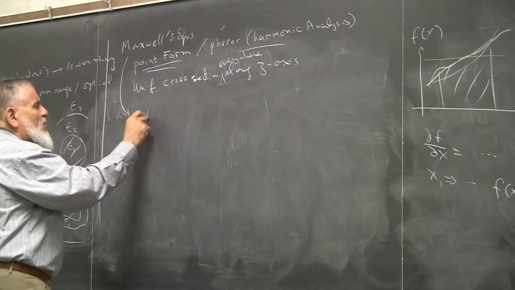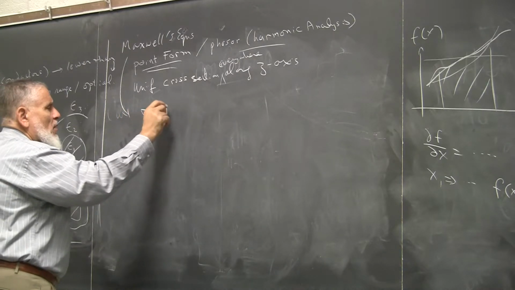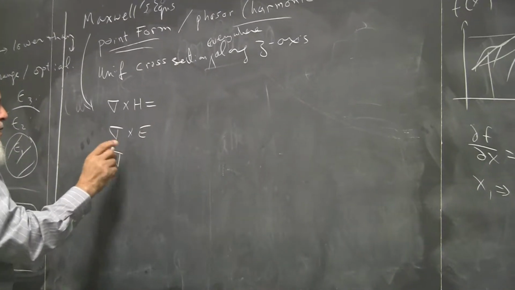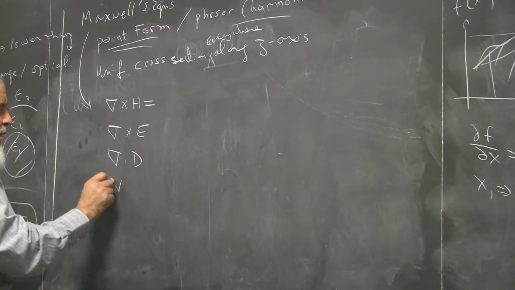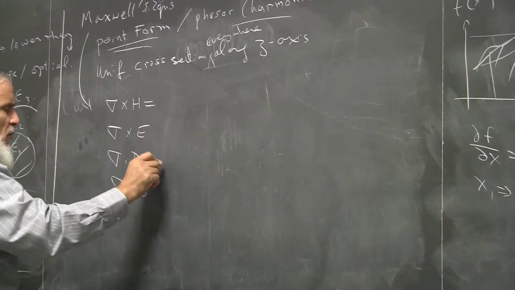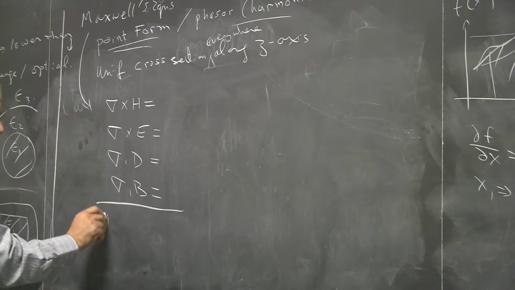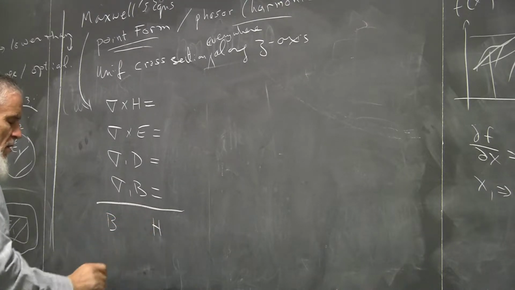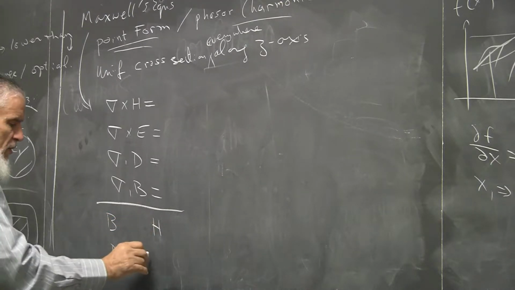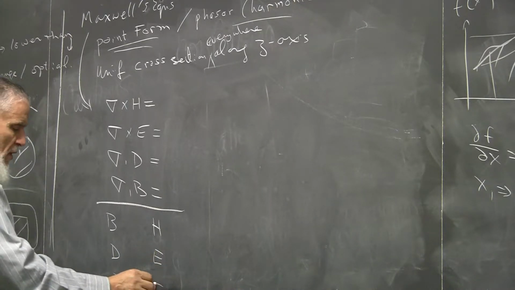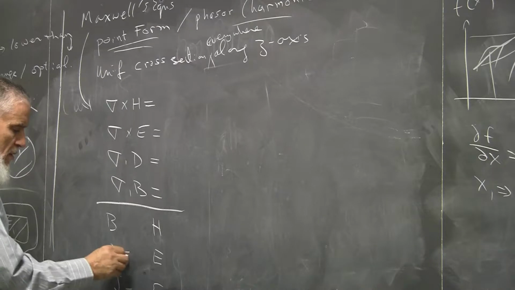Okay. So we start with curl H, curl E, div D, and div B. These are the 4 main equations, and the 3 others are B versus H, D versus E, and J versus E as well, right?